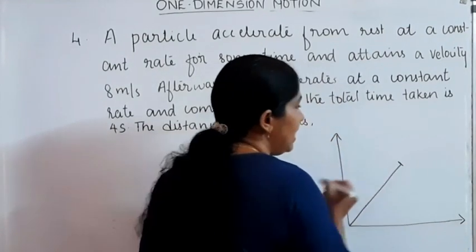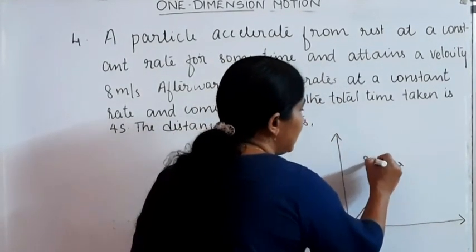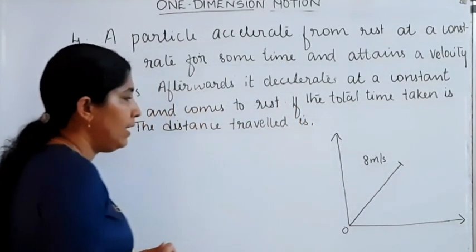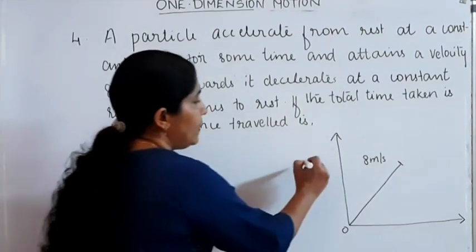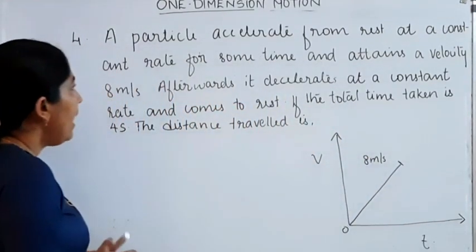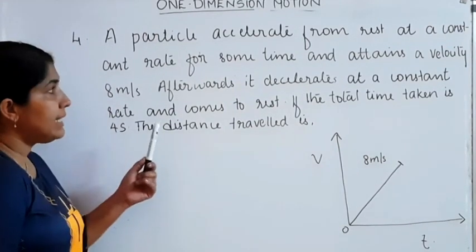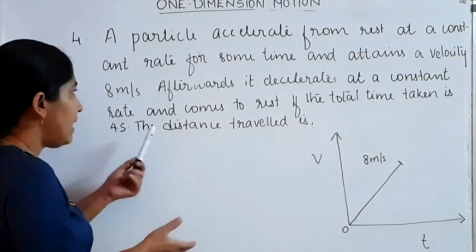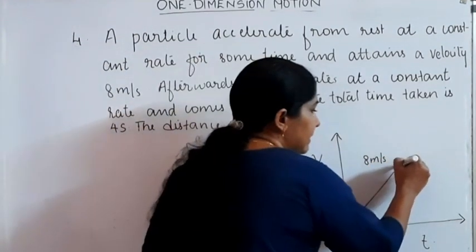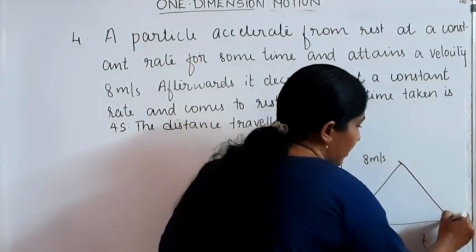The final velocity attained is 8 meter per second, starting from rest. Here the velocity time graph is just like this. Afterwards, it decelerates at the same constant rate and comes to rest.